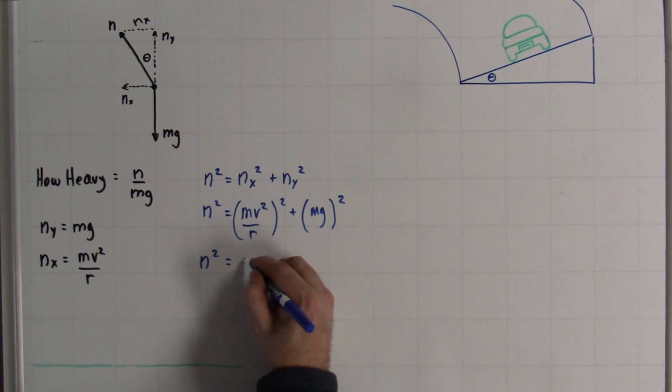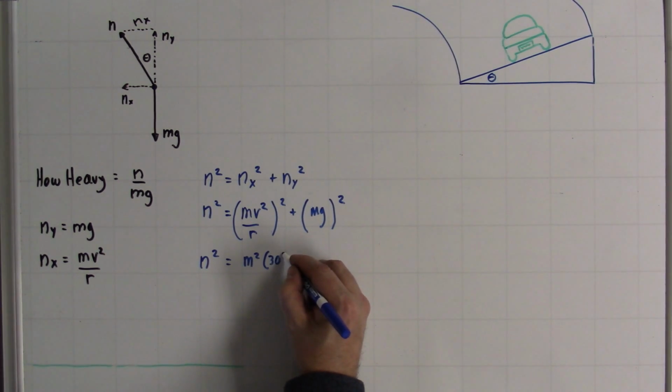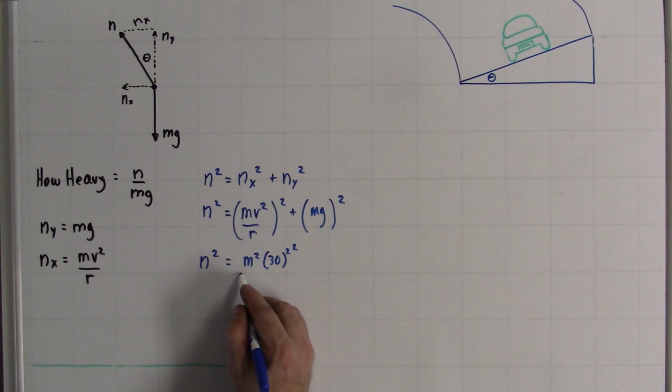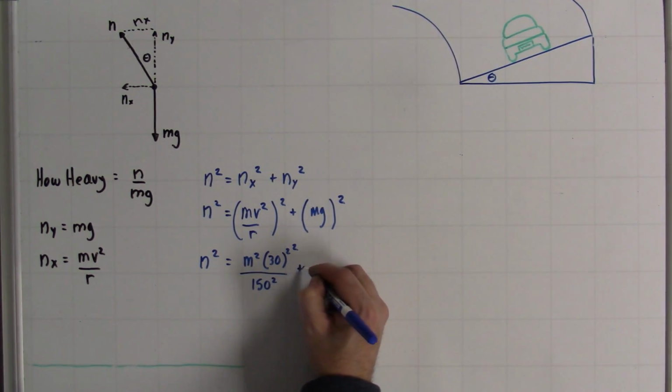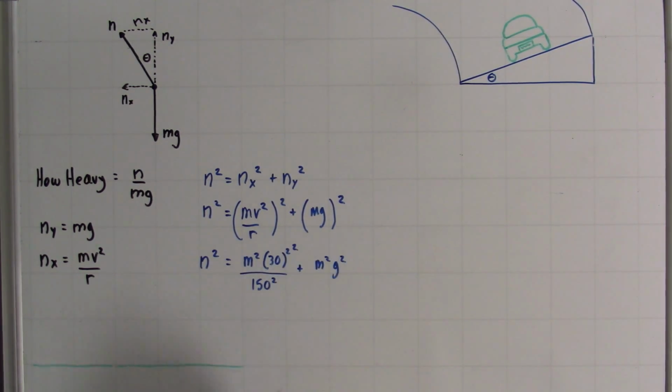So this is going to be m squared times 30 squared divided by 150 squared plus m squared g squared.